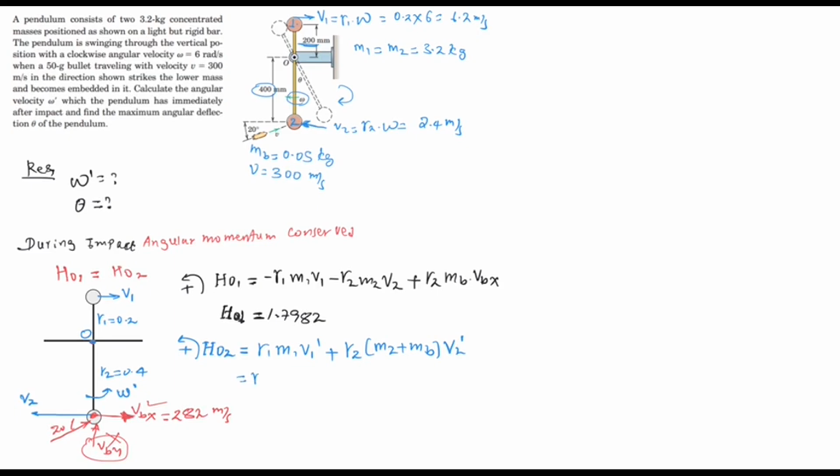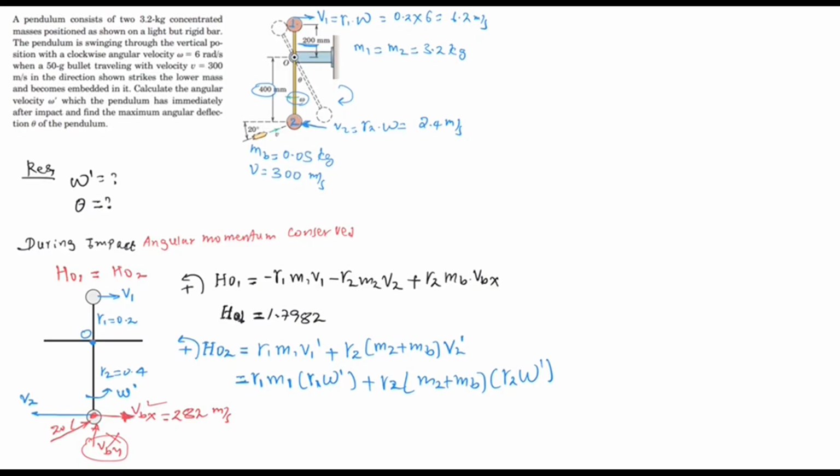That means R1 times M1, and V1 will be just R1 times the new angular speed, omega prime. So plus R2 in bracket M2 plus MB times V2, in this case R2 times omega prime, because the velocity will change after the impact, but the angular velocity will be constant for all particles since they are embedded together and rotate with the same angular speed. So this will be h02.